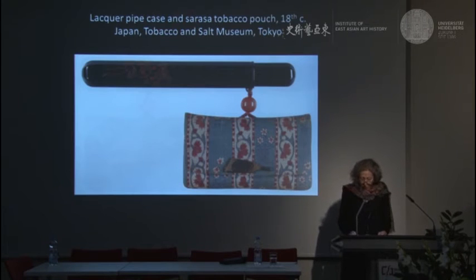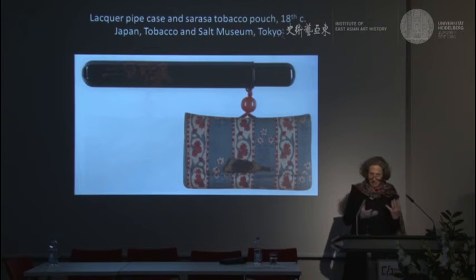Sarasa, the term by which Indian painted and printed cottons were known in Japan, was introduced by the Portuguese, but imports of this kind of fabric continued later via the Dutch and the Chinese, who also introduced imitations made in Indonesia and in China, fashioned expressly for the Japanese market.